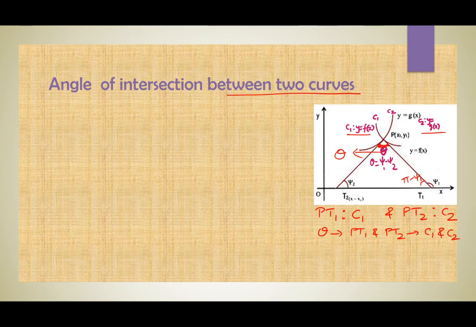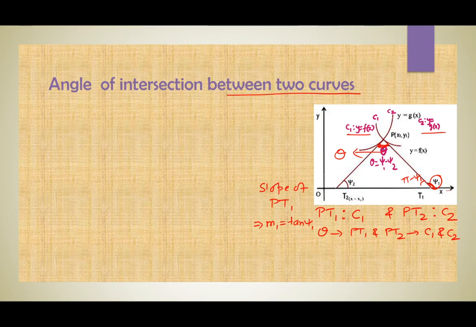Now, there are 2 to 3 things that you should remember. First of all, the slope of PT1, by definition, is going to be m1 equal to tan of psi 1, because this is the angle made by this tangent with the positive direction of the x-axis.